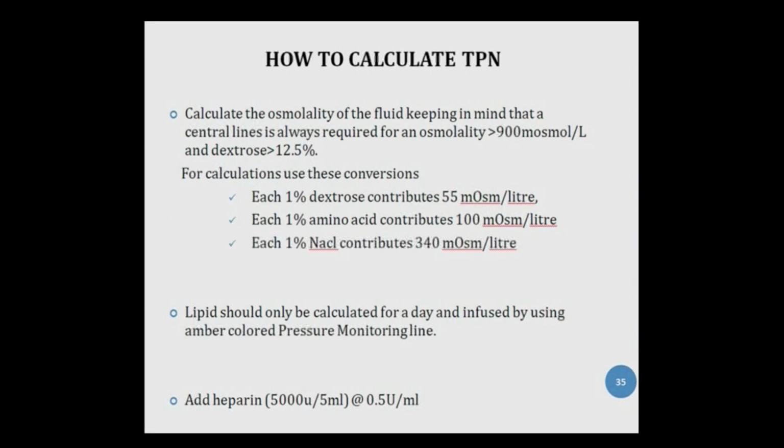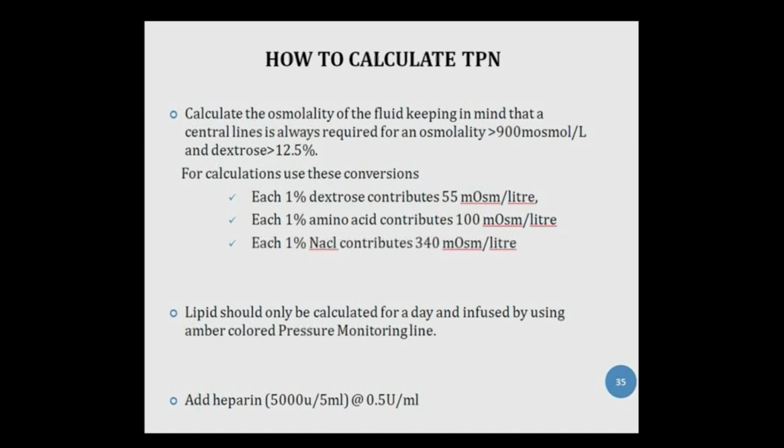Prescribing, one has to take care of the osmolality of the fluid. That is, one has to remember that central lines would be required for an osmolality which is more than 900 milliosmoles per liter, and a dextrose solution which has got more than 12.5% concentration.